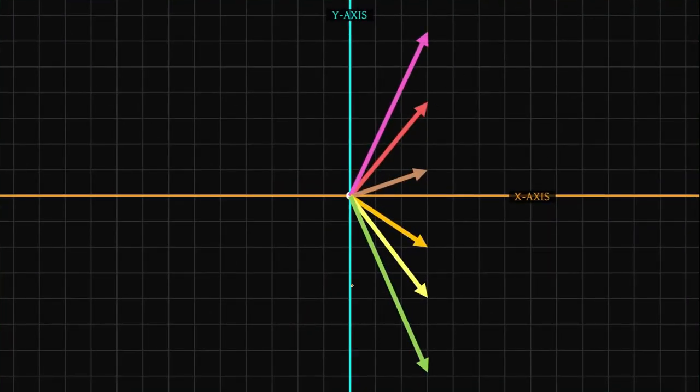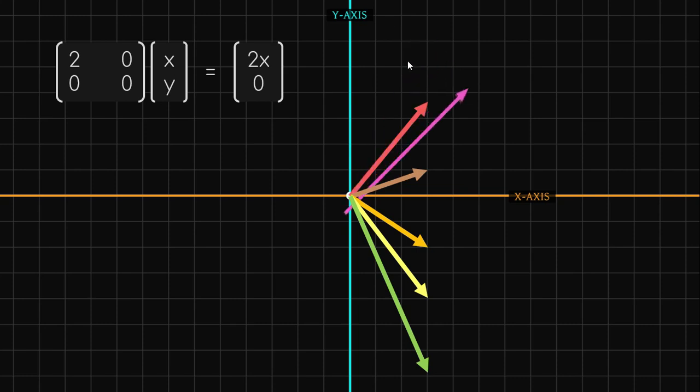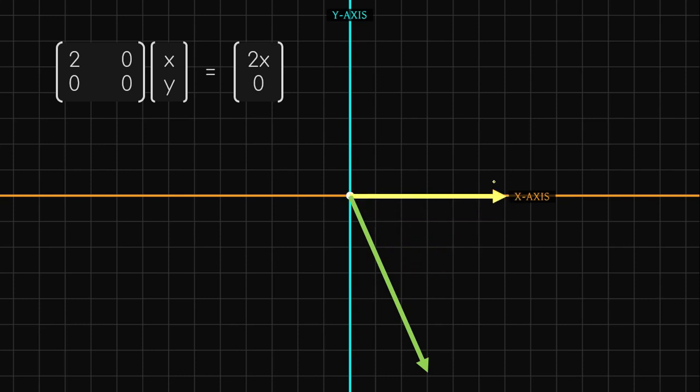We have a bunch of vectors here. Let me introduce a matrix. If I multiply this matrix with all of these points, all these vectors are going to lie on the same point. So all these vectors are being transformed into one single point, and that point in this example is the point (6, 0).